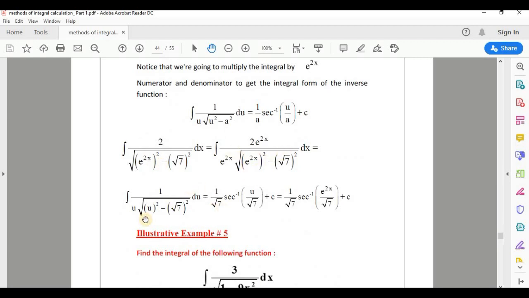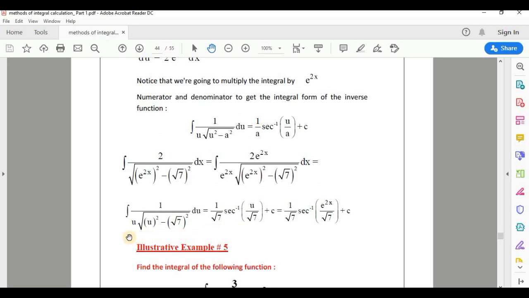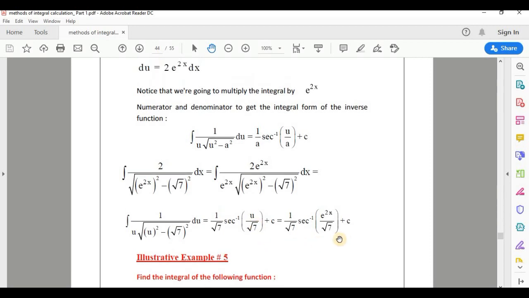Under root this part will be u all to the power 2 minus the number, we'll keep it as it is, du. So the final result will be this form of integral. It will be inverse sec. And after we find the result of the integral in terms of u, we will substitute the value of u to get the final result of this integral.